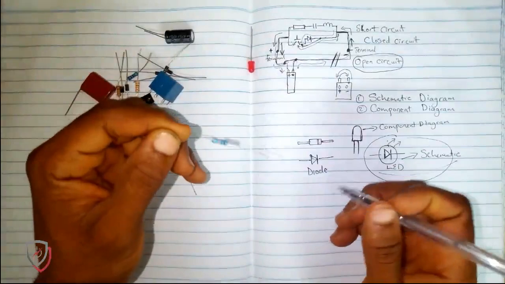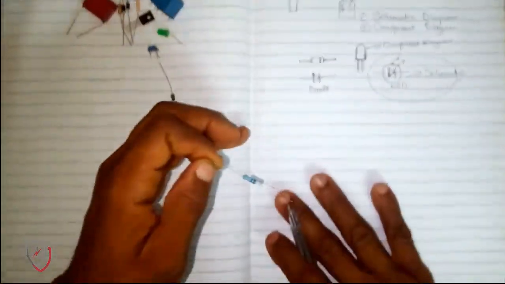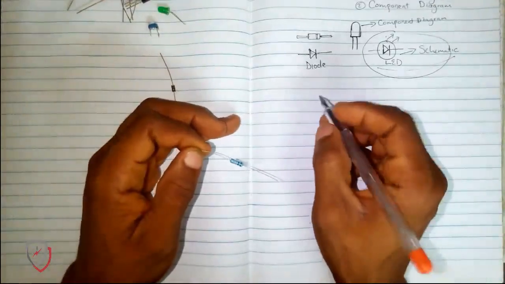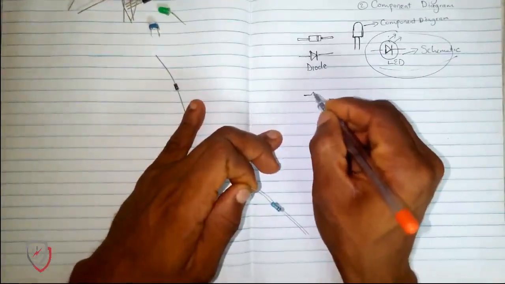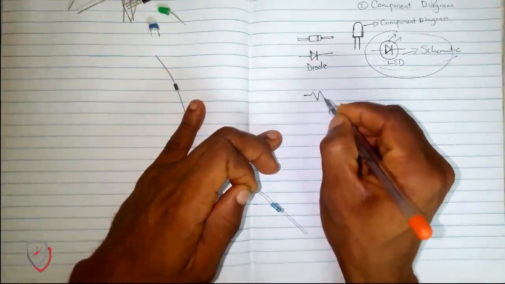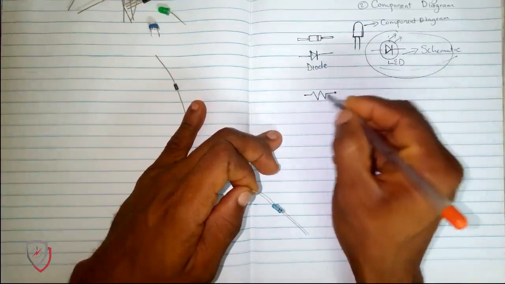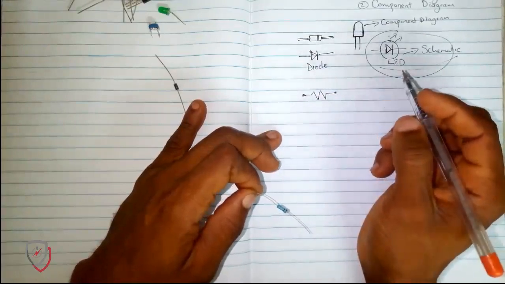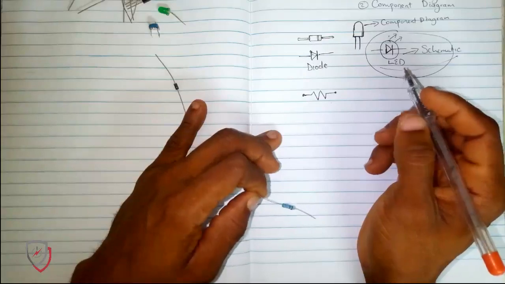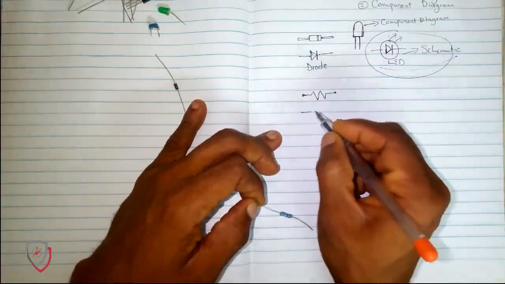This is a resistor, right? Now the component diagram for resistor is this. Some people make use of this. That's a resistor. In some books or in some electronics, depending on the country, you have this, while some other people make use of this.